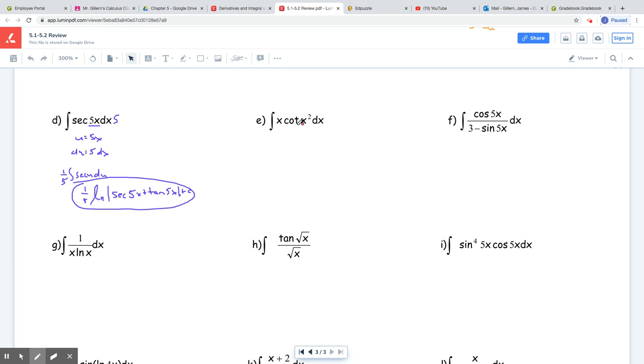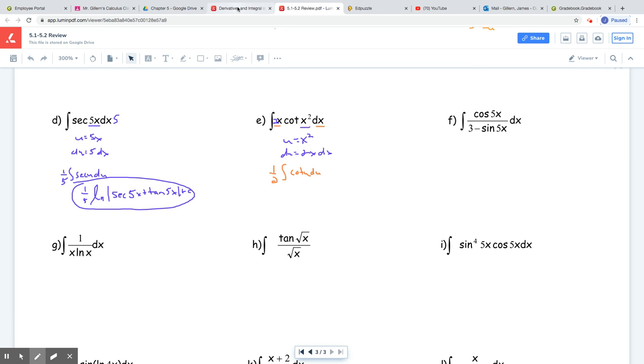Another one-trig-function problem. Make u whatever comes after it. u equals x squared. If this doesn't work, there's nothing else you could do. 2x dx, I add a 2 there. I added a 2, which gives me 1/2. The 2x and the dx is my du. Integral of cotangent u du.